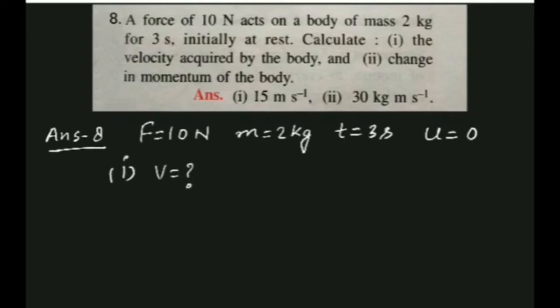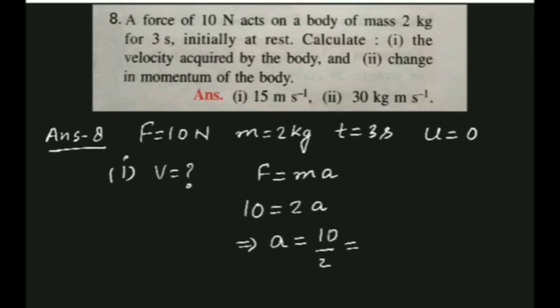Okay, so first of all we have to find out the value of a. We will apply the formula of Newton's second law of motion. F equals ma, 10 equals 2 into a, or you can write a equals 10 upon 2 equals 5 meter per second square. Now we have to find out the value of v.